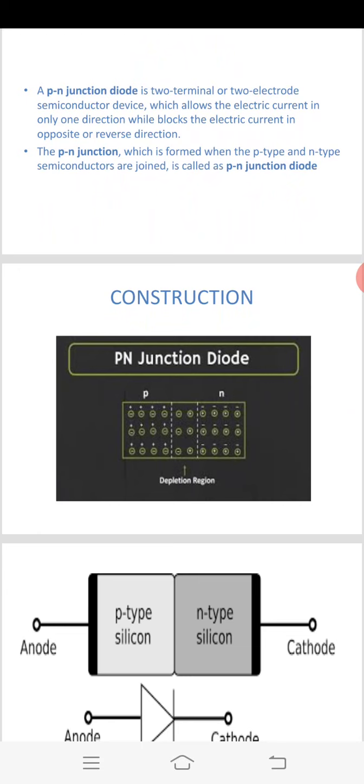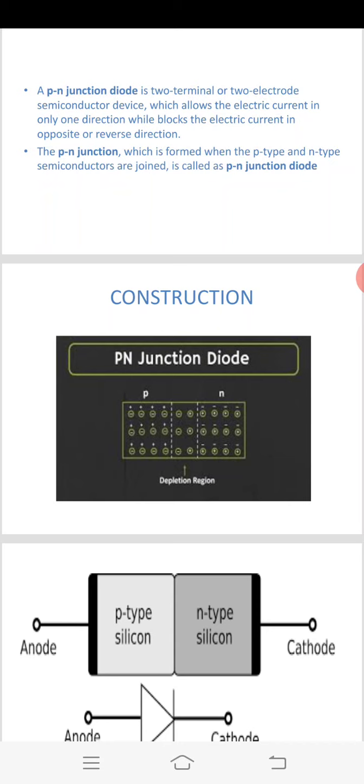P type substrate and N type substrate. P type means a semiconductor material which has holes as majority charge carriers, and in an N type substrate, electrons are in majority and holes are minority.